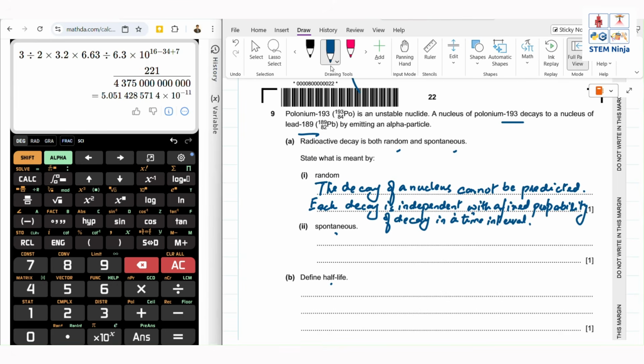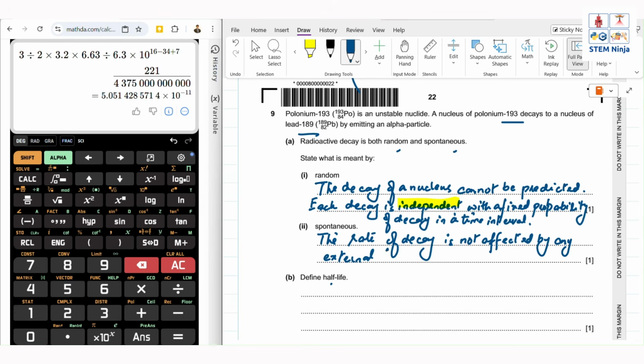This independent keyword over here, this is the probabilistic events being independent. Spontaneous means that the rate of decay is not affected by any external factor. That's it.